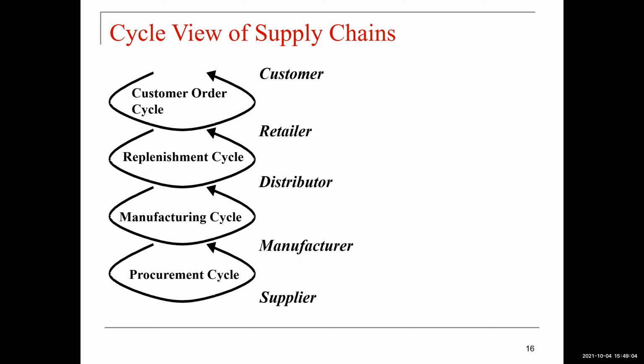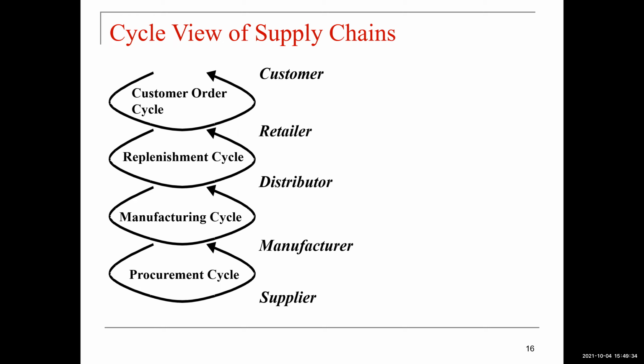So the cycle view of the supply chain. At the top, we have the customer order, which is made by the customer. We have the retailer. Every time a customer grabs something from the retailer, we keep an inventory. We know how many units are available. If we need to buy more, we get to the replenishment cycle. That will trigger the need of going back to the distributor, manufacturing more parts or more products so we can replenish the retailers.